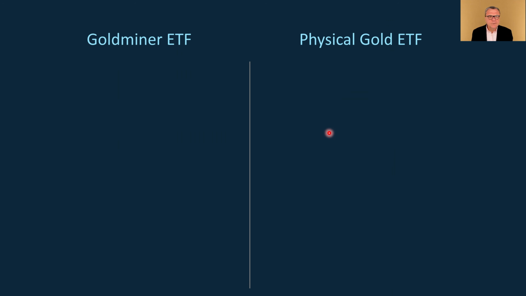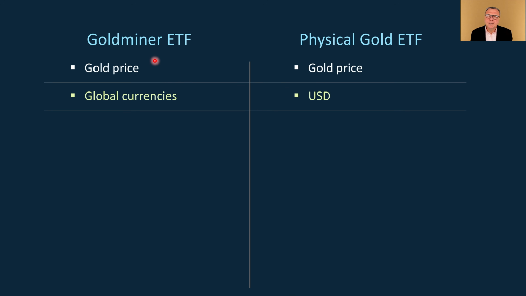So gold miner ETF versus a physical gold ETF. They both have exposure to gold, of course, but a gold mining ETF has other exposures. It's going to have exposures to global currencies, because GDX invests in gold miners around the world. So it's going to have exposure to the Aussie dollar, to the Canadian dollar, to the South African rand, to other currencies.